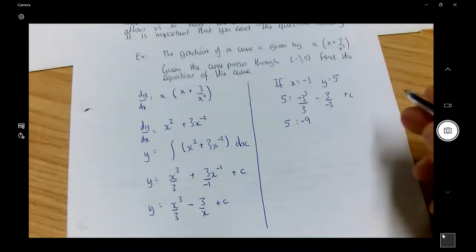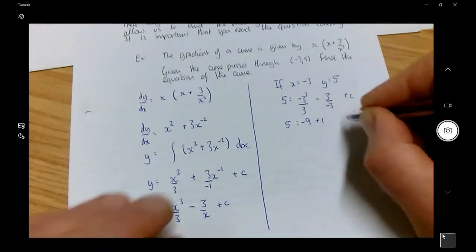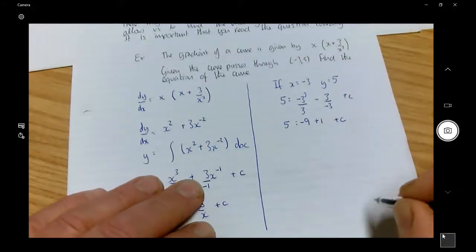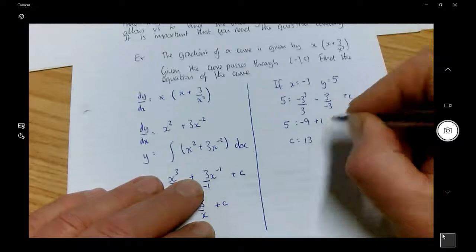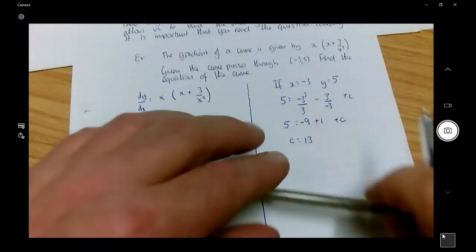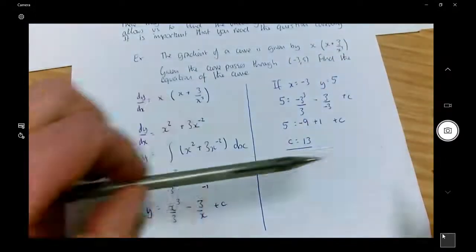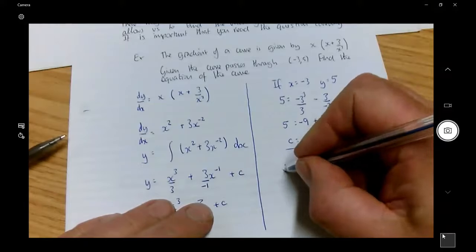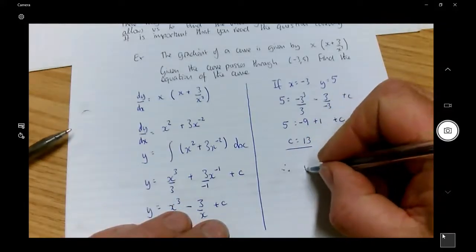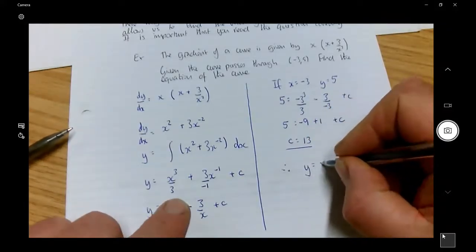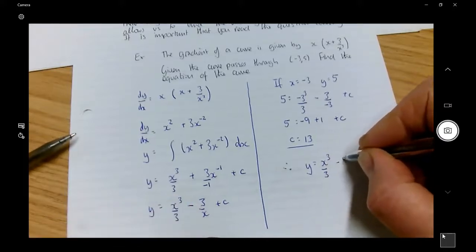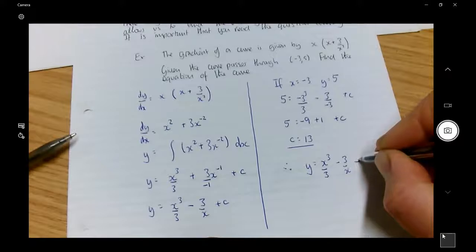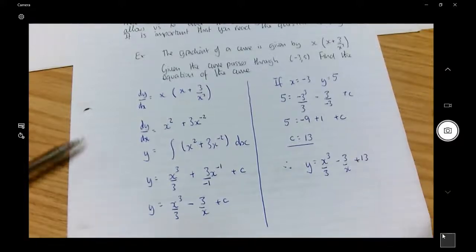Minus 3 divided by minus 3 is plus 1, plus c. Move those over, c equals 13. Therefore, my equation is y equals x cubed over 3 minus 3 over x plus 13.